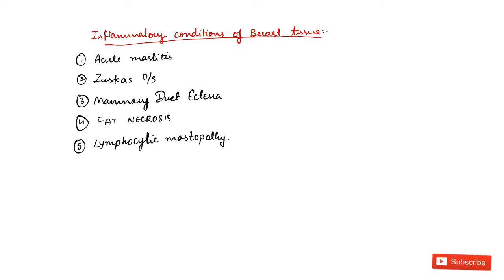The first one, which is most important, is acute mastitis. Acute mastitis is a condition where there is inflammation of the breast tissue. This is most commonly present in young females.